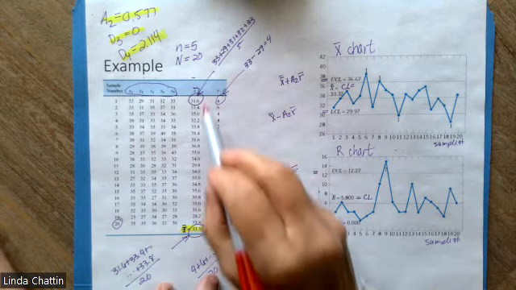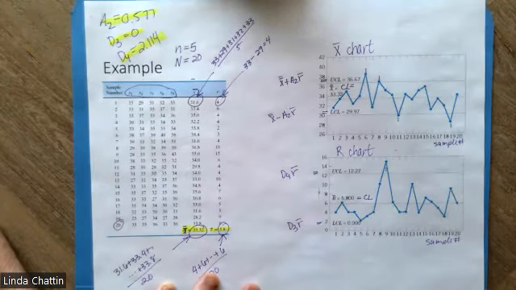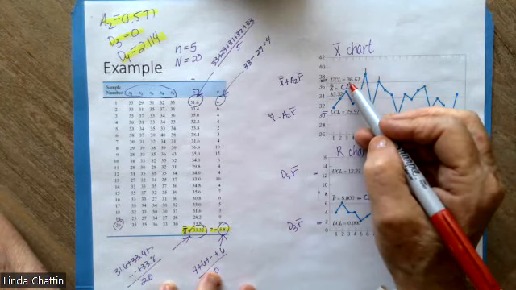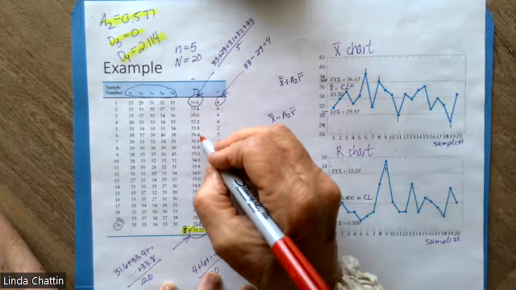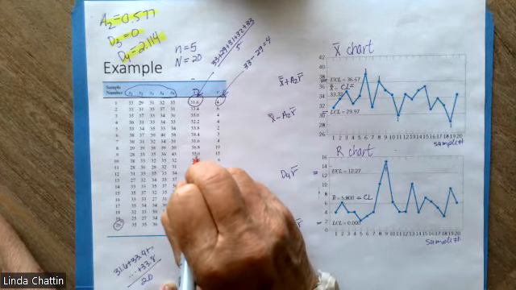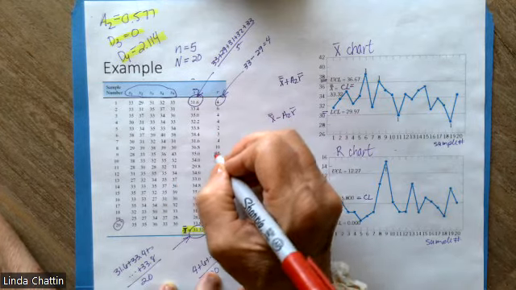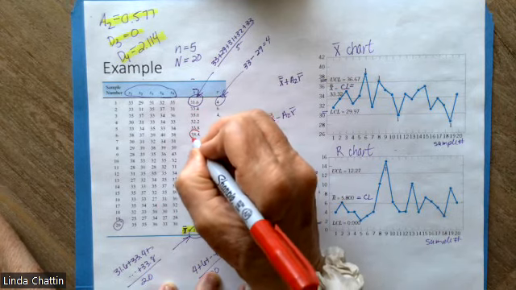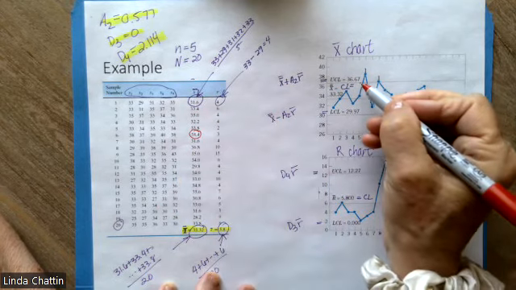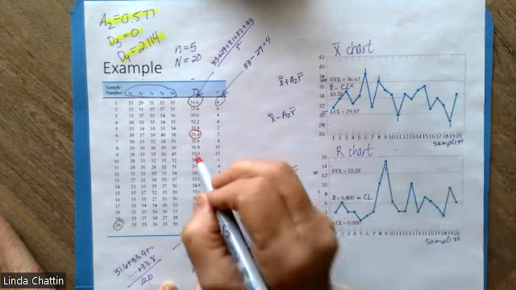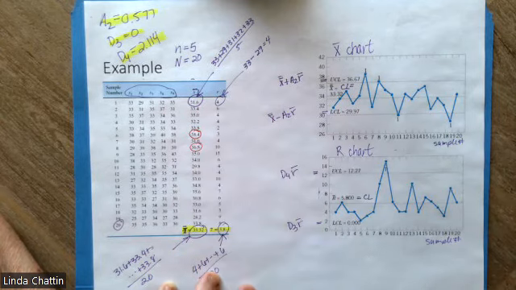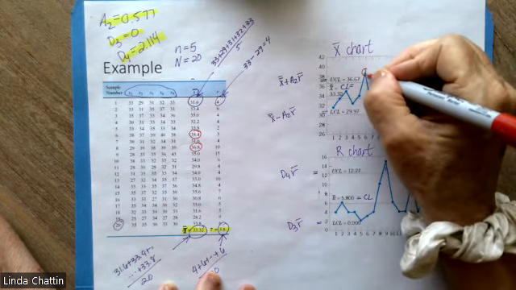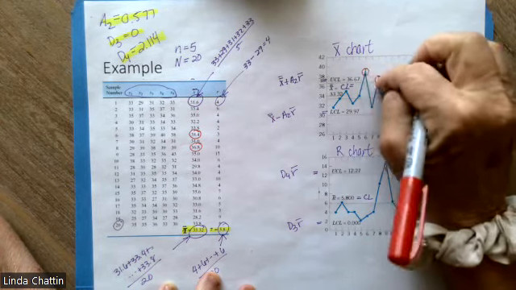If I scan down these X bars, I'm looking for any that are bigger than 36.67. The first one is sample number 6, which is bigger than 36.67. Sample number 8 is also bigger than 36.67. I'm going to circle them on here, and the authors chose to put a 1 there.